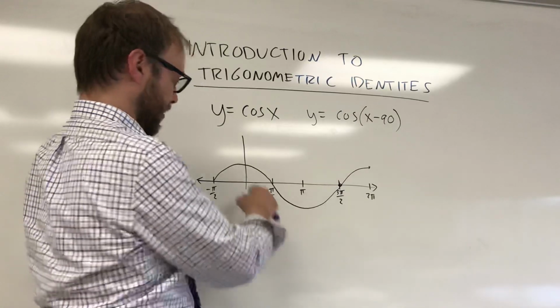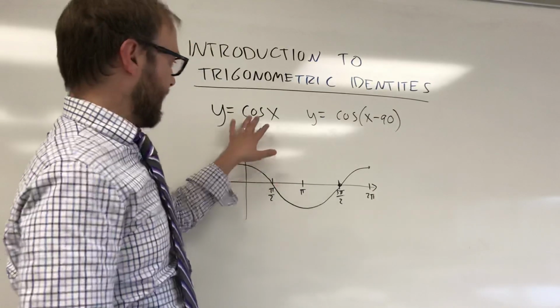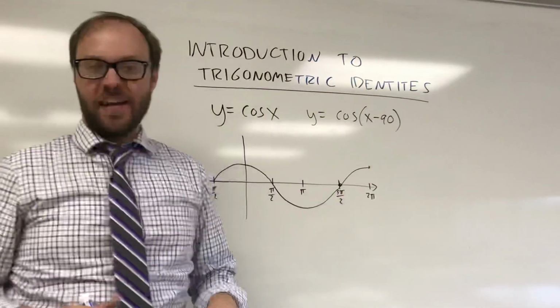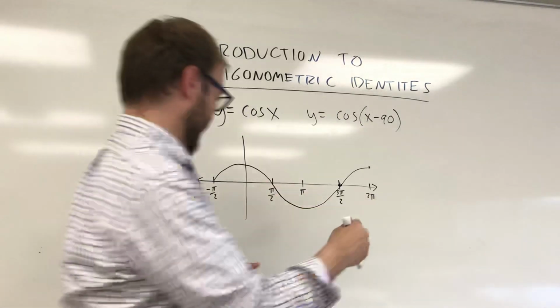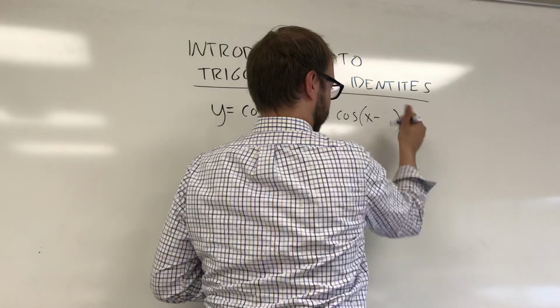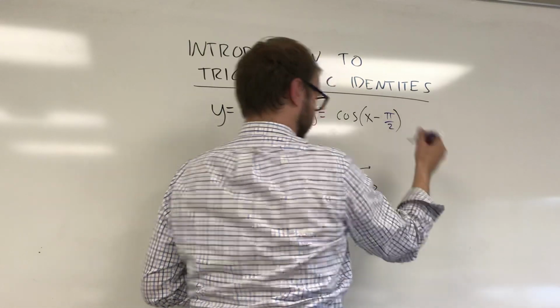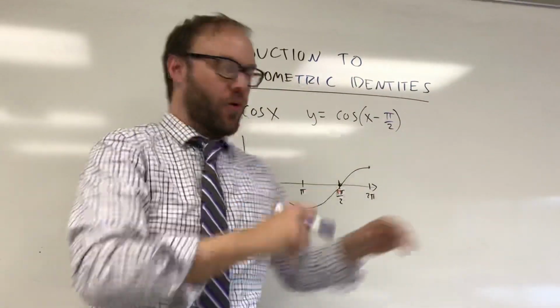If you remember, the sine function passes through the origin. So I can take this cosine function and shift it forward 90 degrees, or actually pi over 2 radians, since I'm working in radians in my labeling. Either way, it's going to shift that whole thing forward.